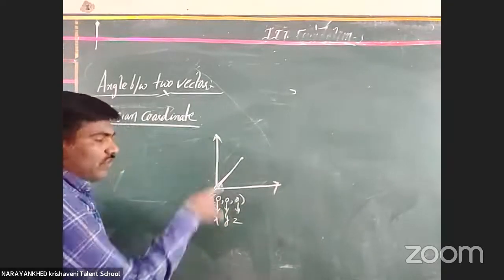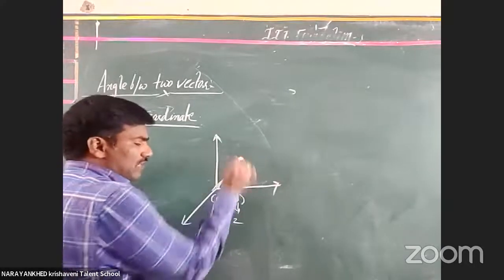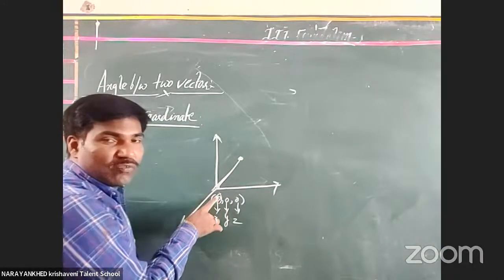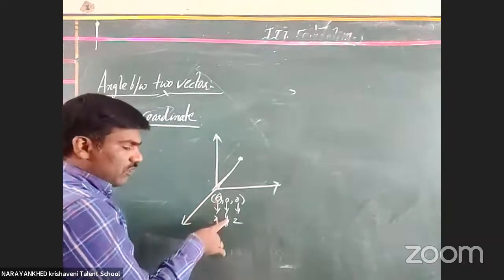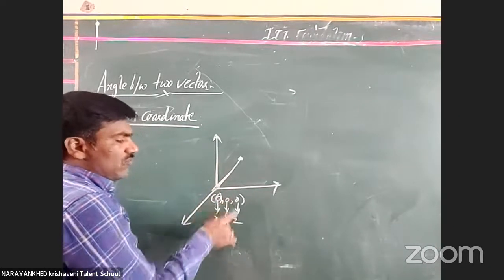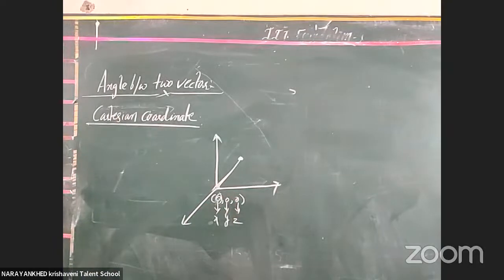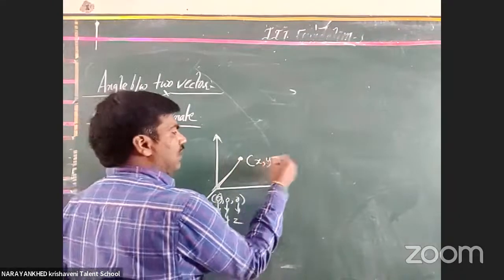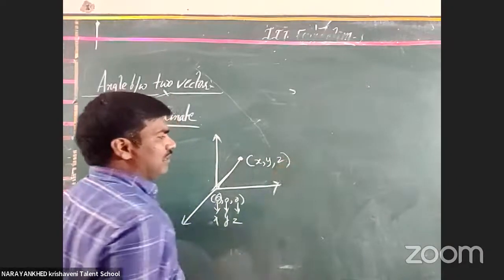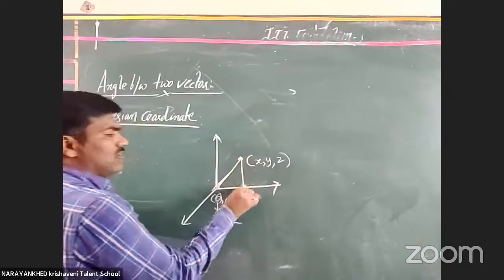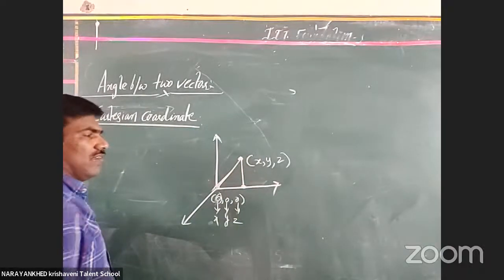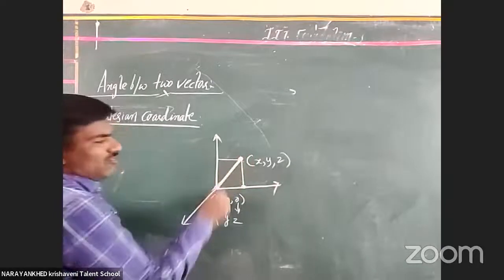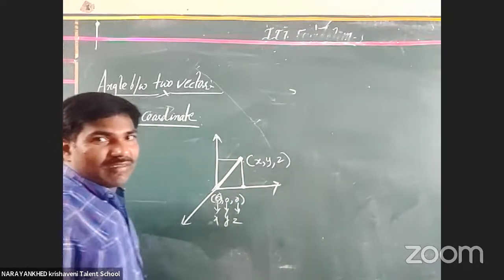This point, whatever position we have taken, how far is it from the x-axis? With respect to the x-axis, what is the position? With respect to the y-axis, what is its position? With respect to the z-axis, what is its position? Suppose I am taking a point here, x comma y comma z means there is some distance from the x-axis like this, from the y-axis like this, from the z-axis like that.